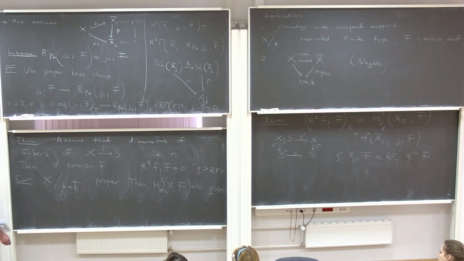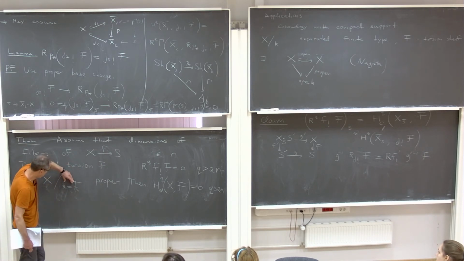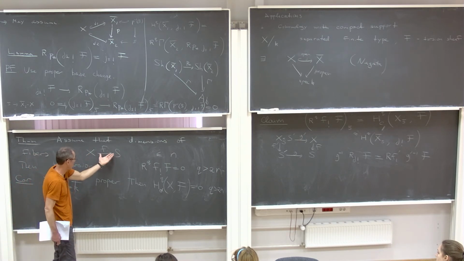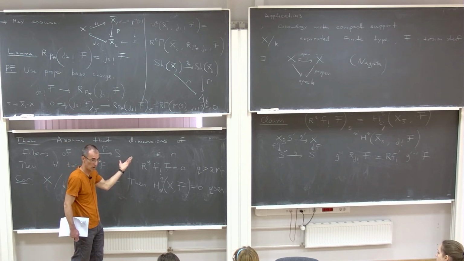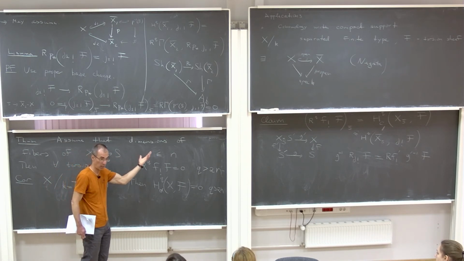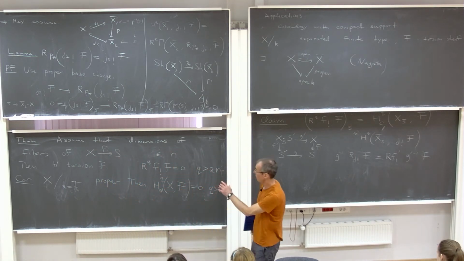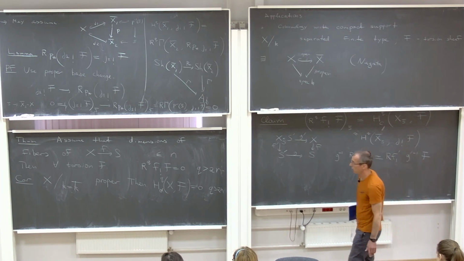So first of all, why is this a corollary? If S is the spectrum of an algebraically closed field, then this derived direct image is the same as cohomology, right? Sheaves on the spectrum of an algebraically closed field are just abelian groups, and the direct image functor is global sections.